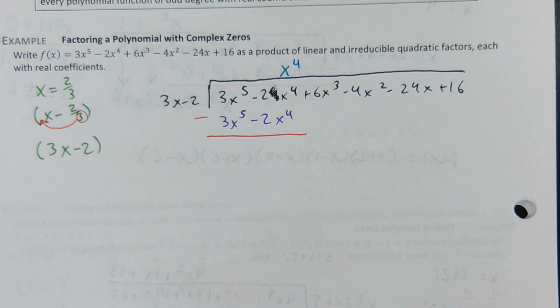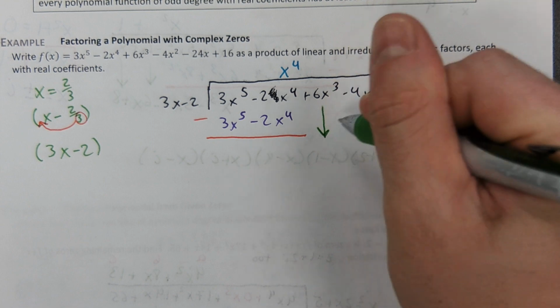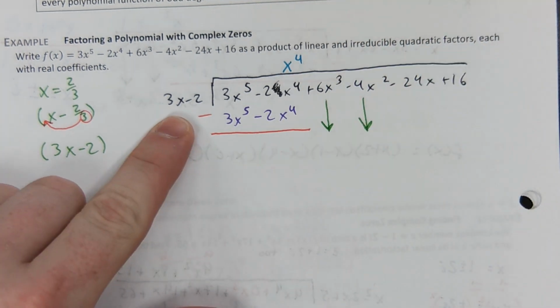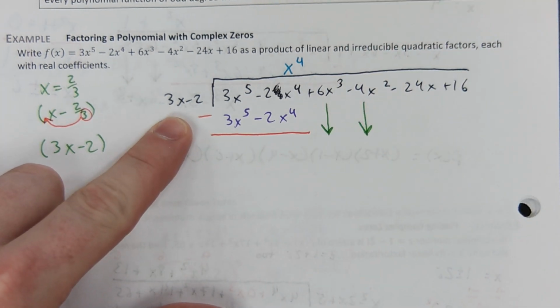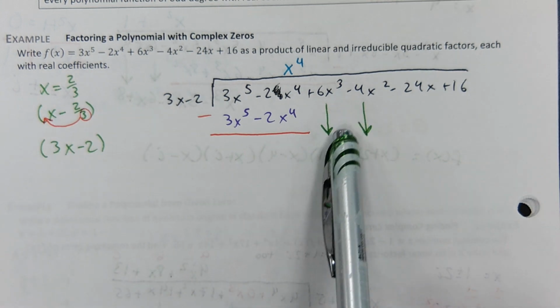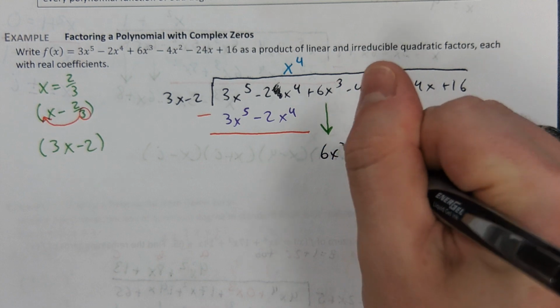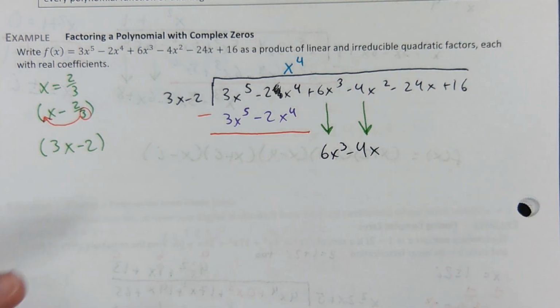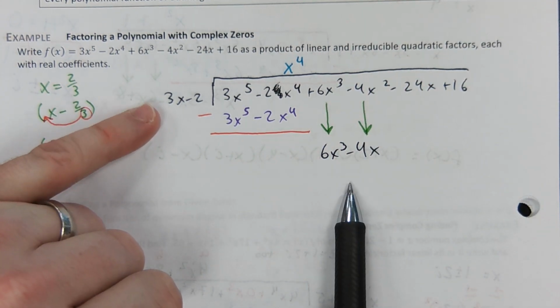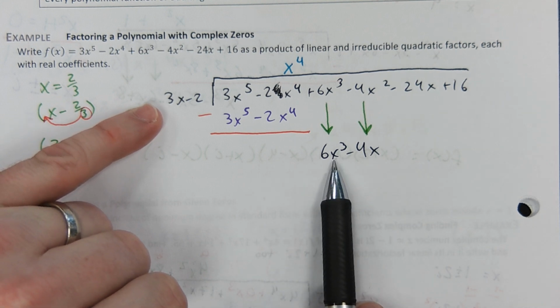So what I'm going to do is bring down 2 objects because I'm trying to divide with an object of size 2. So I'm going to bring down 6x to the 3rd and -4x. So I'm trying to make a 3x become a 6x to the 3rd.